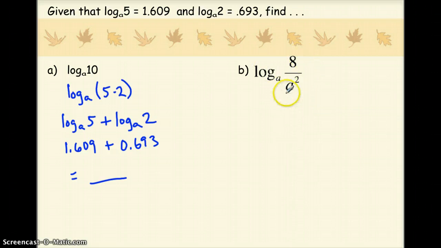Over here, how could I write 8 using 2s or 5s as much as possible? Let's see. Well, 8 is 2 to the 3rd.